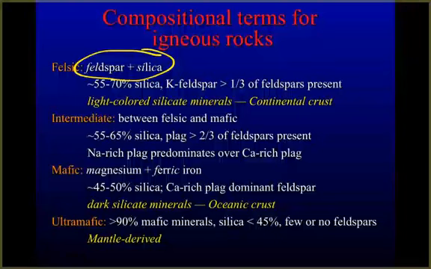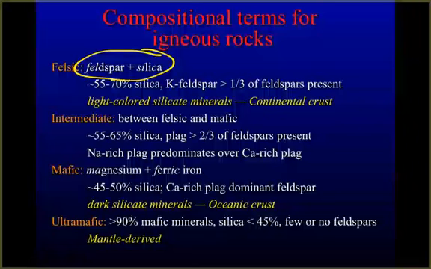That's the silicon and oxygen at the end of those mineral formulae. K feldspar is a dominant feldspar, so it's going to comprise about a third of the feldspars present in the rock. And these rocks are generally light colored and are found in the continental crust.